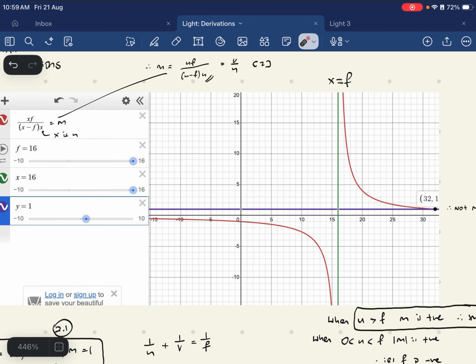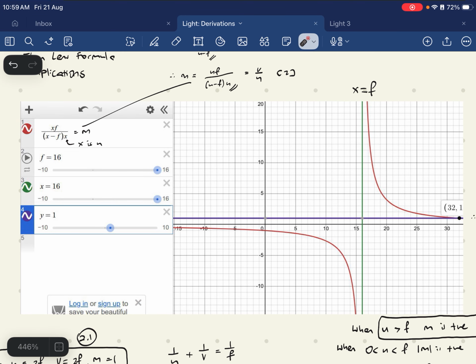So we have xf over x minus f multiplied by x. For illustration, I just set the focal length to be equal to 16. So this part here is x equals 16, x equal f. And you notice that it's got a hyperbola.